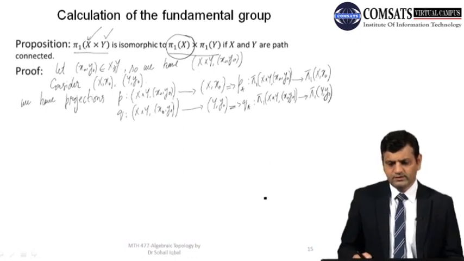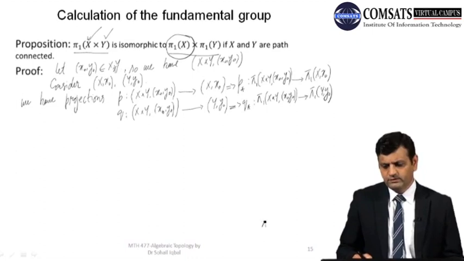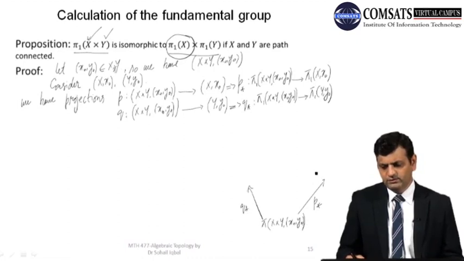So basically we have the map from pi 1 of X cross Y, (x naught, y naught). We have one map, let's say this is P lower star, and another map, let's say this is Q lower star, and P lower star goes to pi 1 of X naught, and Q lower star goes to pi 1 of Y naught.